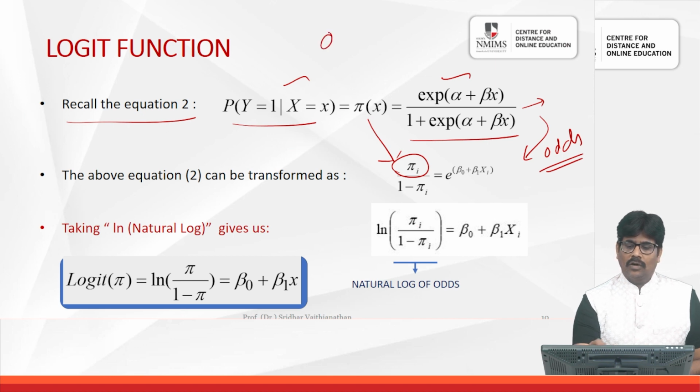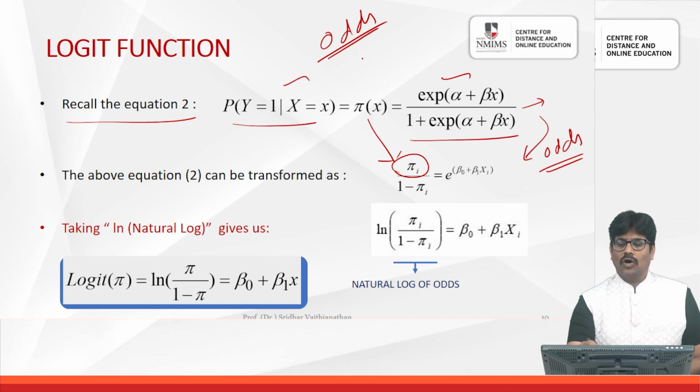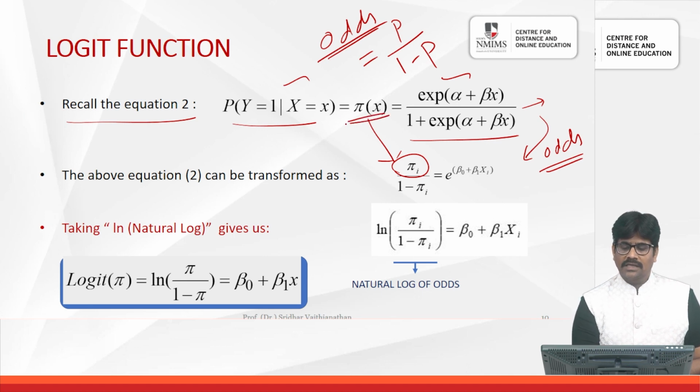So recall the odds function, or odds is calculated by probability divided by 1 minus probability. Now here pi of x is nothing but the probability value, and hence I am converting it into odds by dividing by 1 minus pi of i, right? The same thing I do here in terms of RHS also, right?